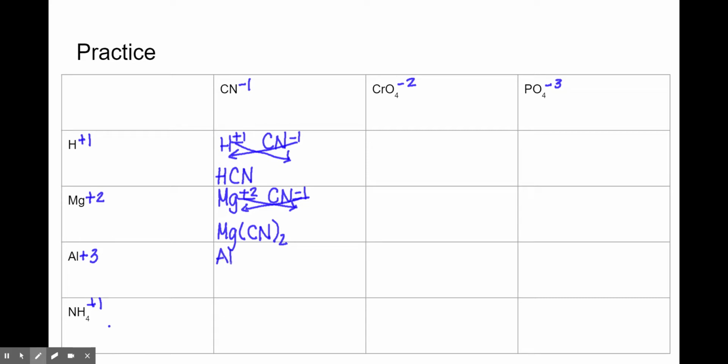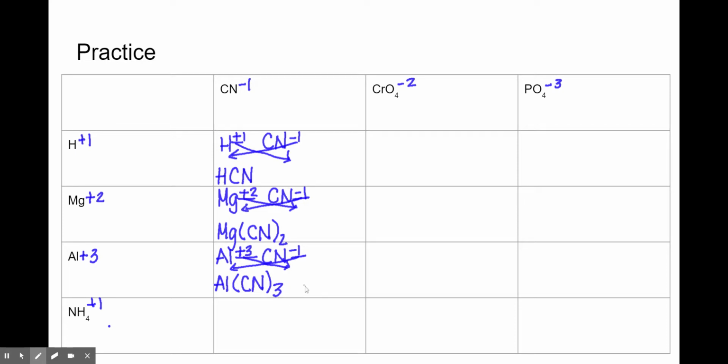Next we have aluminum, its charge is +3, along with the cyanide, whose charge is -1. I'm going to cross those down. So my aluminum charge is still 1, but this +3 is going to be for cyanide. I need to put a parenthesis because I'm talking about the entire cyanide molecule, polyatomic ion.